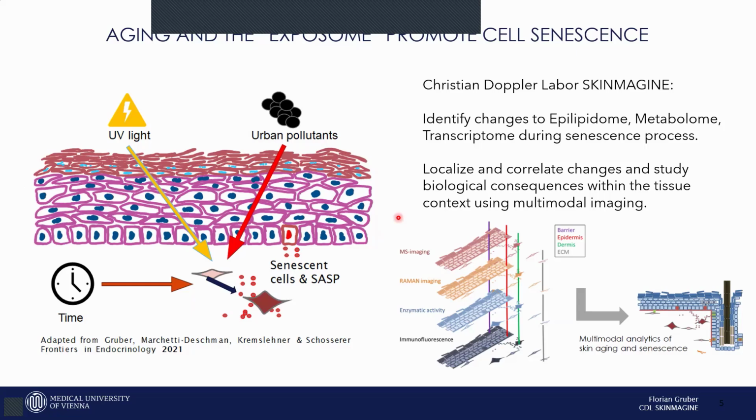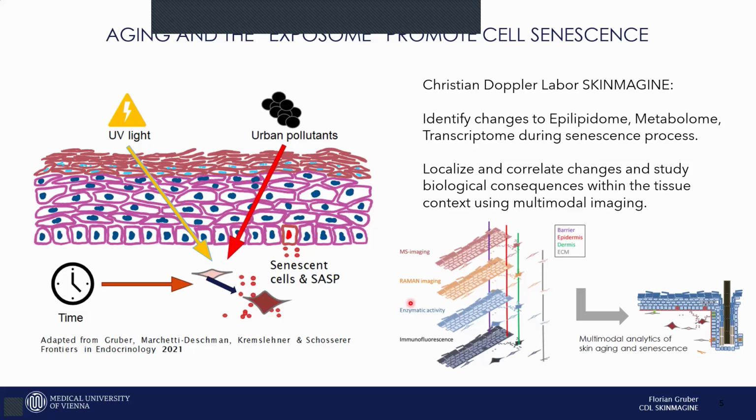Besides classical biochemical and cell biological methods, we use a so-called multimodal analytical imaging approach, in which we combine novel modalities like mass spectrometry imaging with spectroscopy methods and somatic activity imaging and classical immunofluorescence staining, of course, which we then investigate using tissue cytometry.